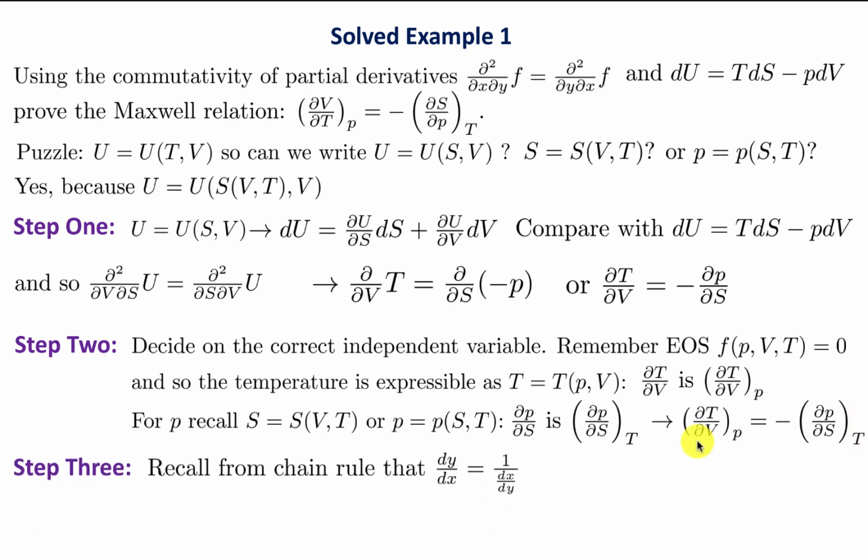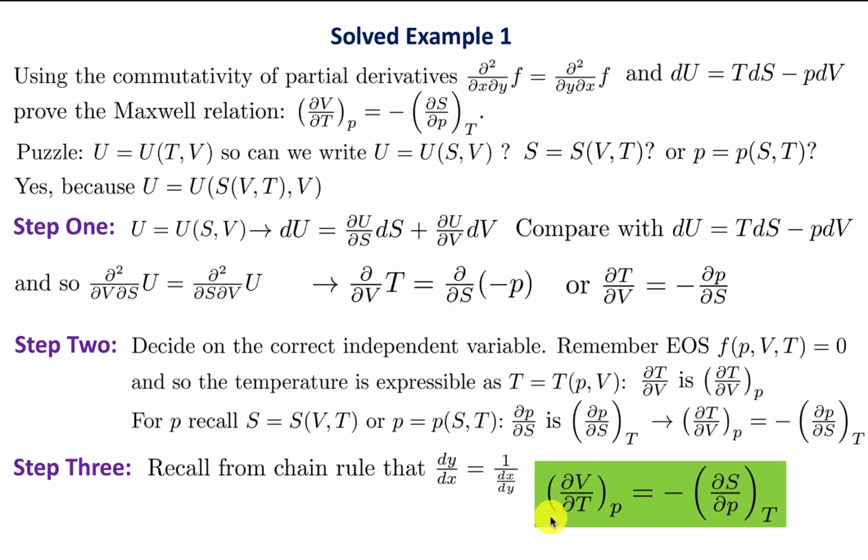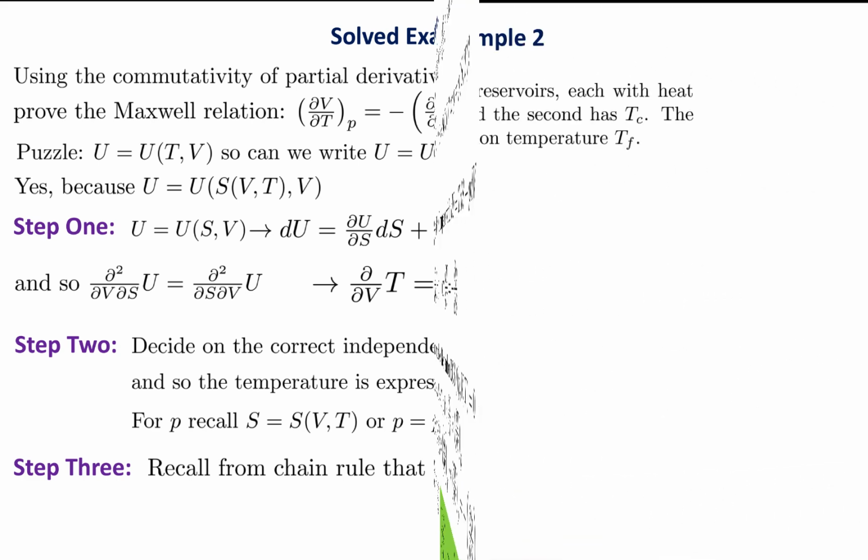Now, of course, you remember from basic calculus that dy by dx is equal to 1 over dx by dy. This relationship holds for partial derivatives equally. And so we have achieved our goal of deriving the Maxwell relation, which is here before you.